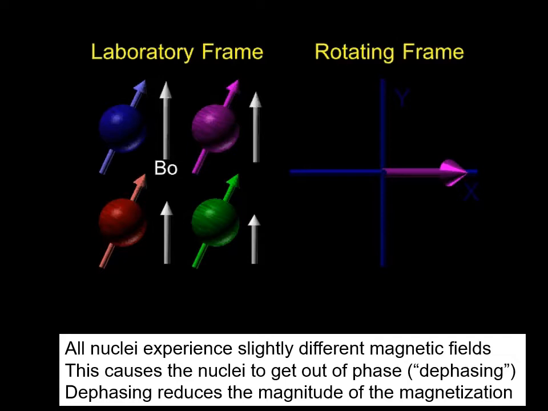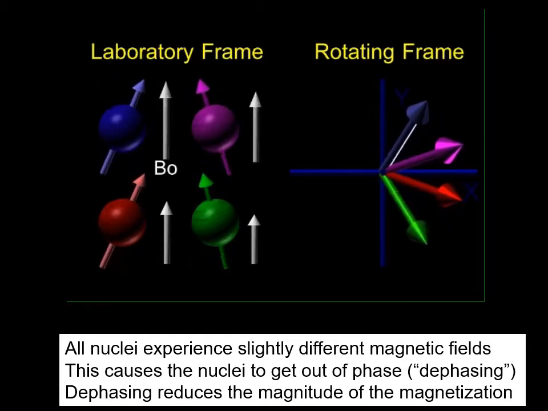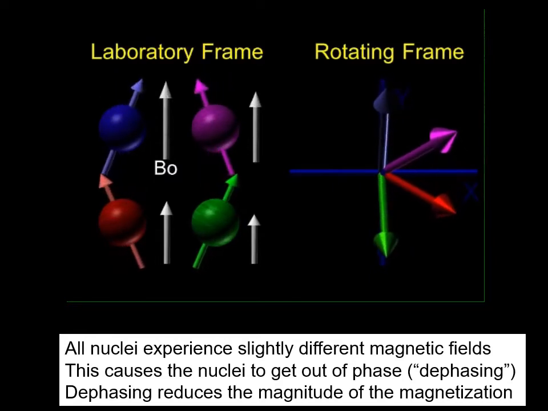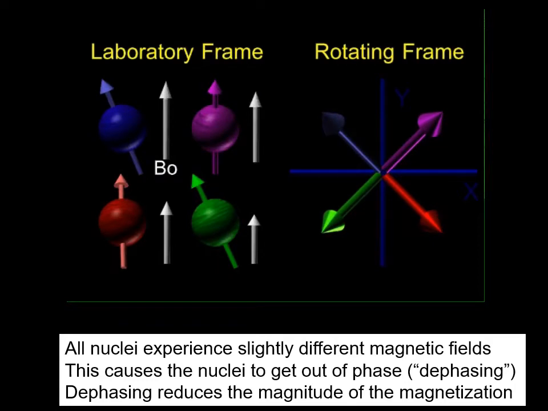So in the rotating frame of reference, they will eventually all be pointing in different directions from one another, and their vector sum will tend towards 0. Let's watch this with this animation. What we see here on the right is, in the rotating frame of reference, each of the nuclei eventually get pointed in a different direction, or out of phase with respect to one another, and their vector sum will tend towards 0.